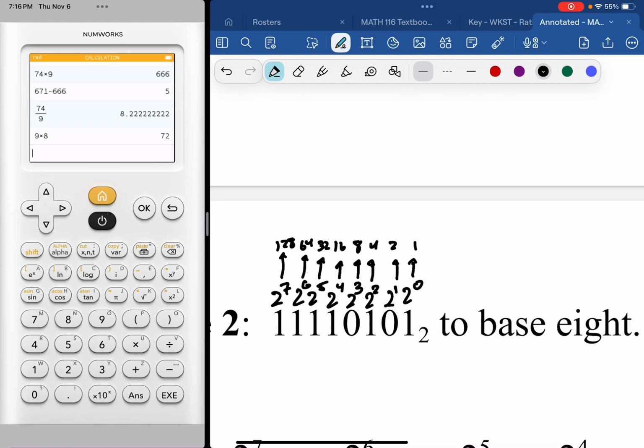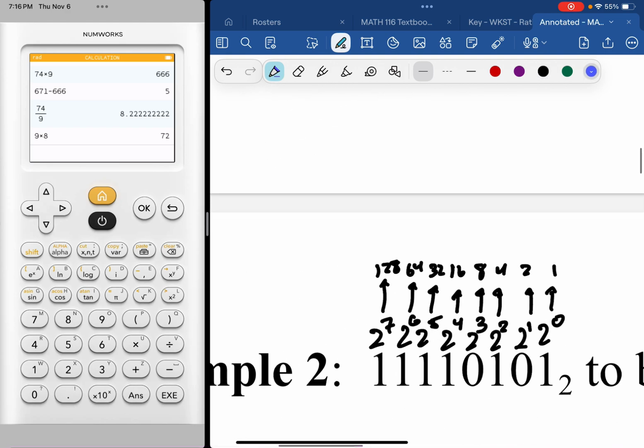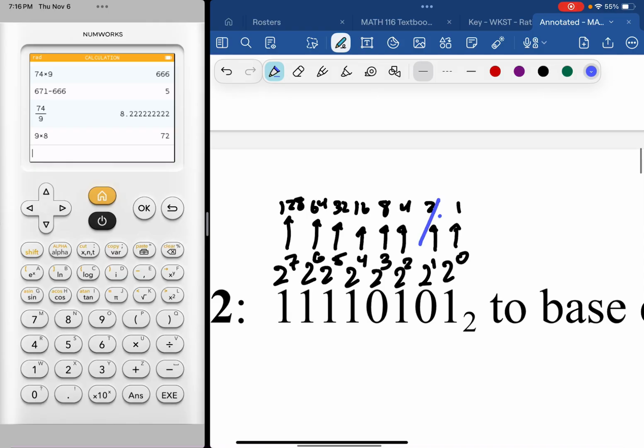So then I would say, okay, well, I don't need anything that's got a 0. So that would be these two guys. So I have 128 times 1, 128. 64 times 1, 64. So it's this and that.